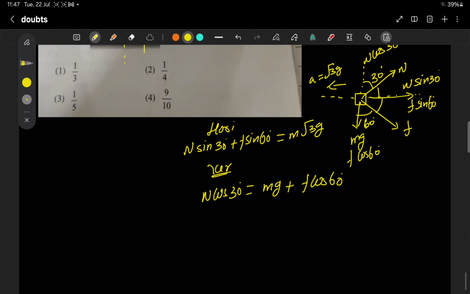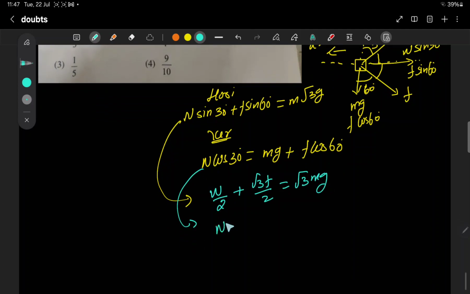Now we have to get the answer for mu. We have to solve this equation. We can simplify this further. Sin 30 is 1/2. So N/2 plus root 3 f by 2 is equal to root 3 mg, and we can keep g as it is. Rewriting, N root 3 by 2 is equal to mg plus f cos 60, which is f by 2.